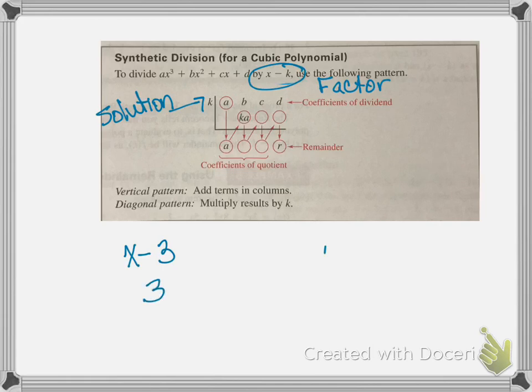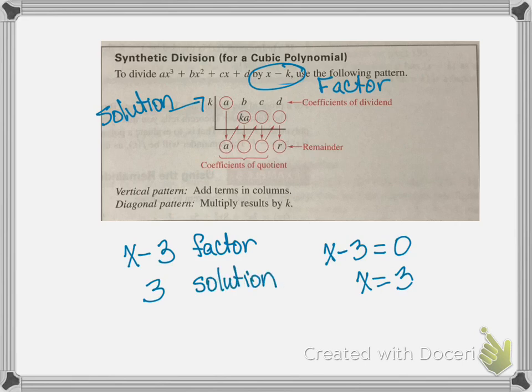So the way I go from a factor to a solution is I set it equal to 0. Okay, so I have x minus 3 equals 0. That's my factor. X equals 3 is my solution. So that is an important thing to distinguish between, is your factor and your solution.